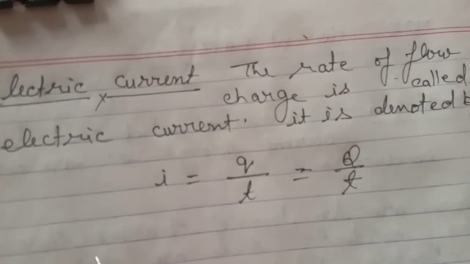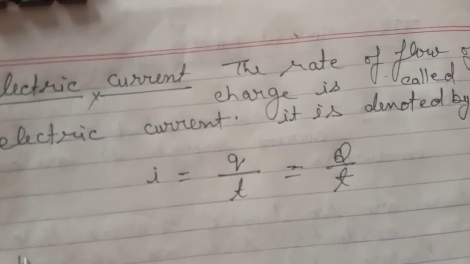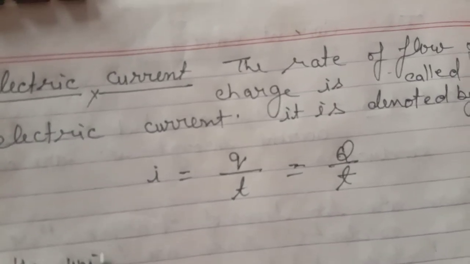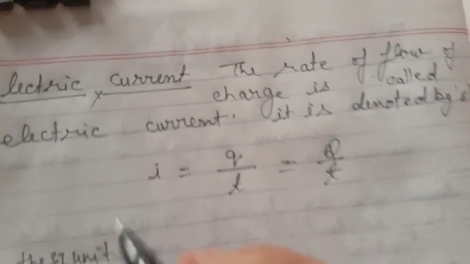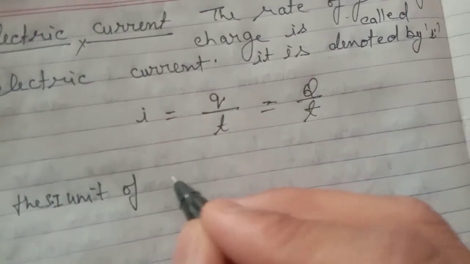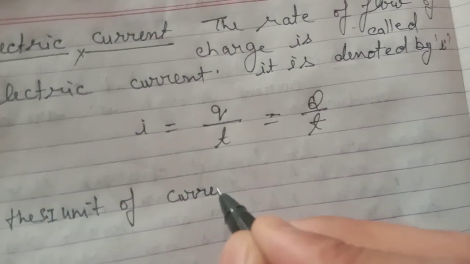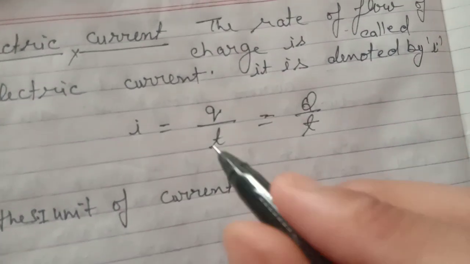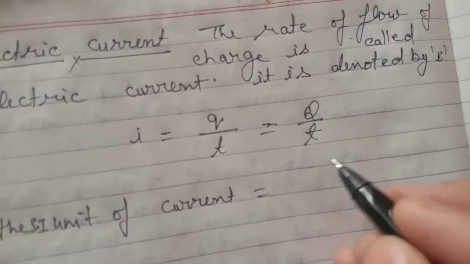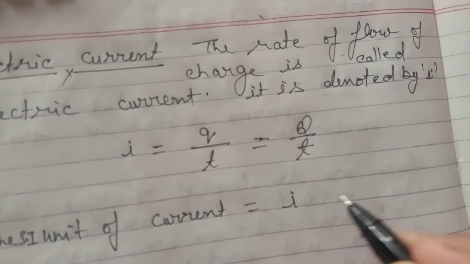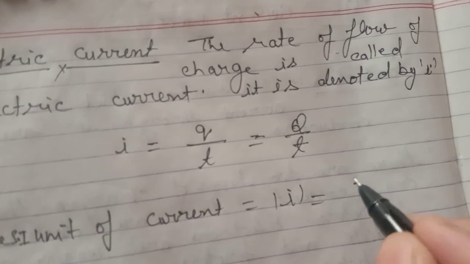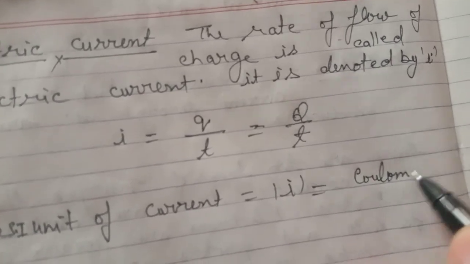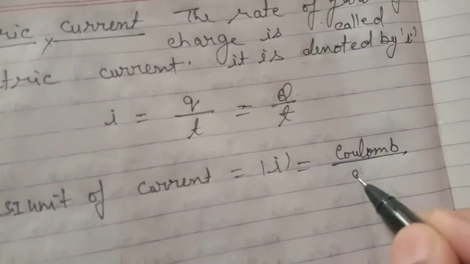The SI unit of current is coulomb upon second.